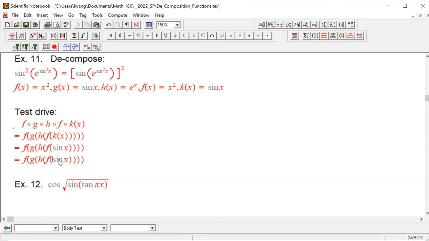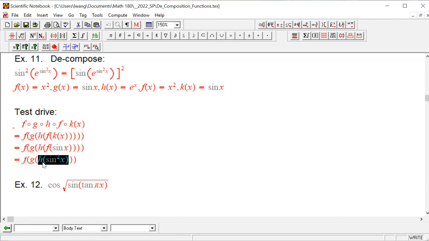Now the input is sine x, so we take sine x and square it. So sine is being squared, and sine squared we write this way. Then h of sine x squared.